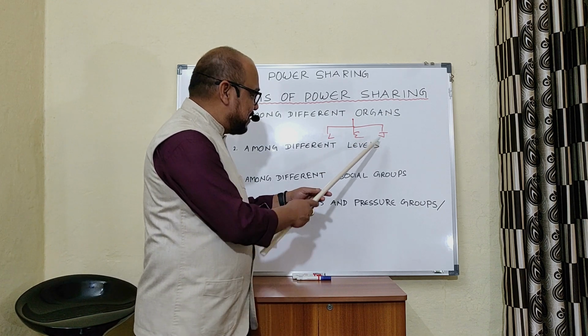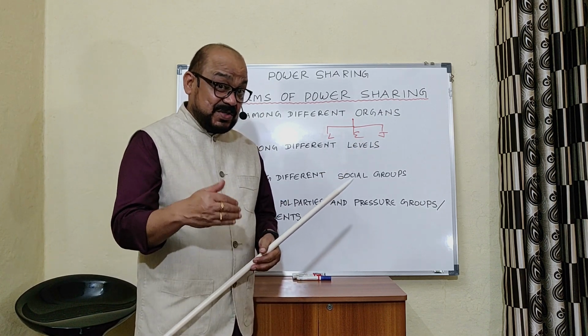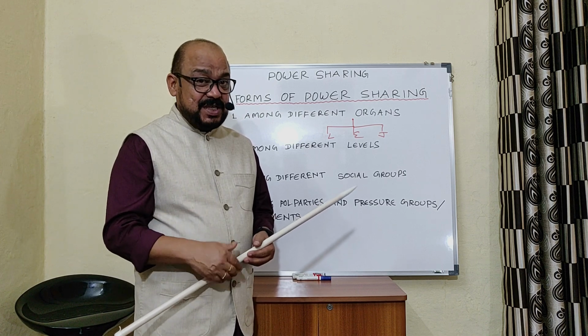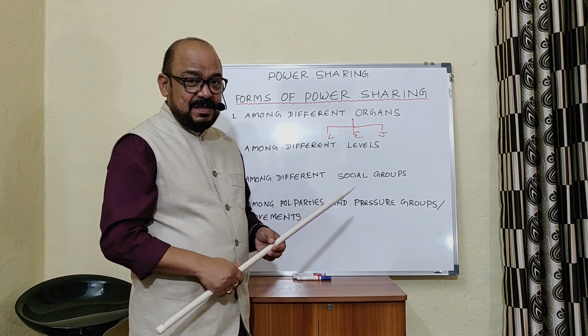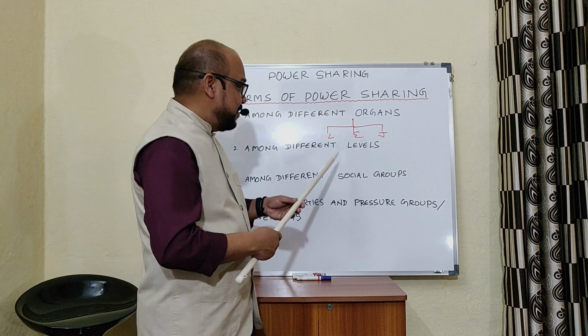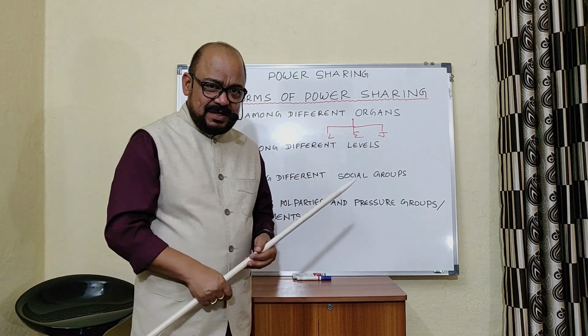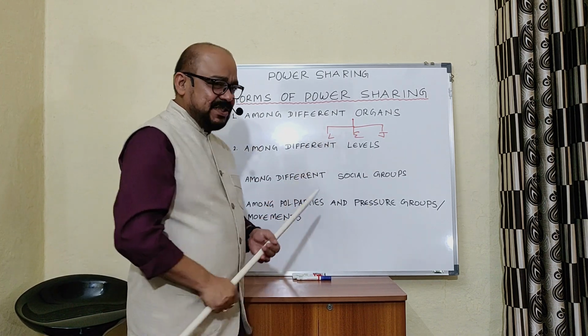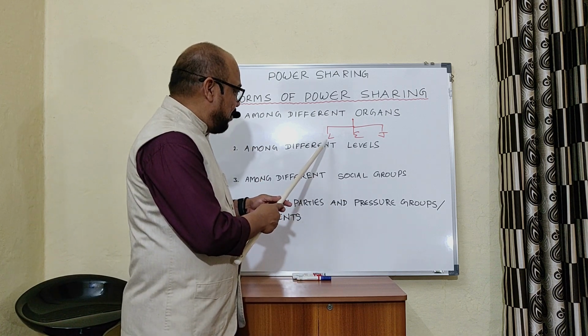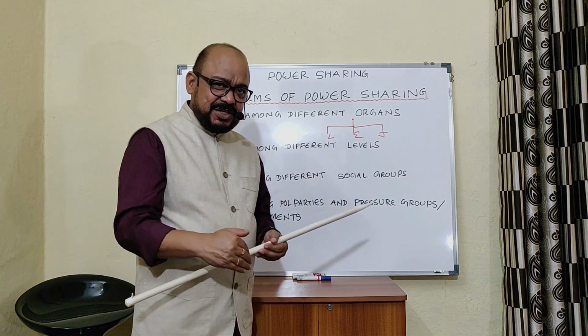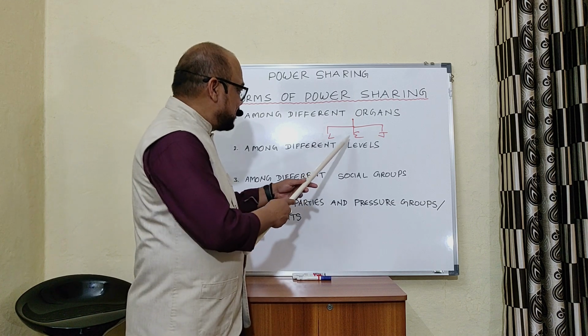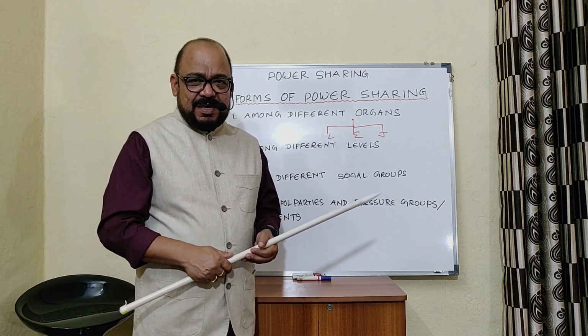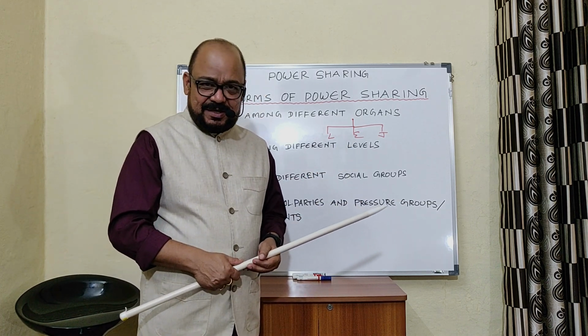Executive controls judiciary to some extent, because appointment of judges is made by whom? And the seniority of judges is decided by whom? Executive only. And the laws are made by legislature. But whether the laws have been made in the right way or not, whether the laws have been implemented in the right way or not, is decided by judiciary.